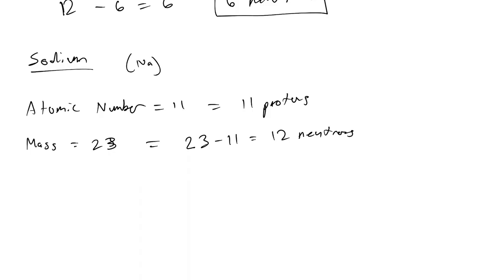And then if we want the electrons, since it's a neutral atom, electrons are going to be equal to the atomic number, which is going to be equal to 11. So not that difficult. Now I'm going to give you guys 3 examples to pause the video and try on your own. And then when you come back, we'll do them together.